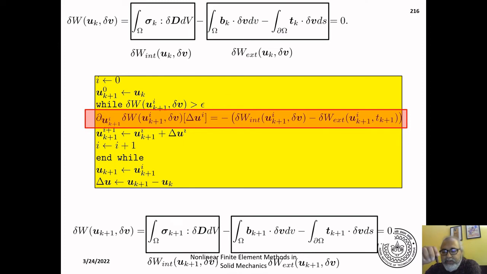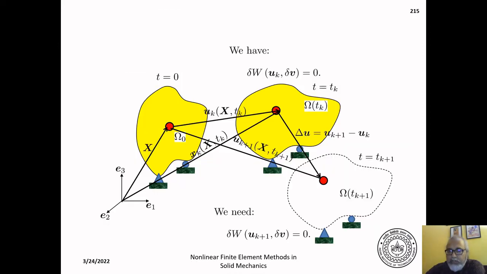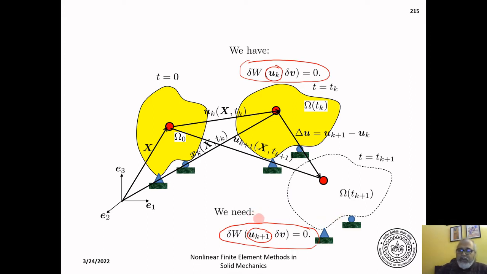So let us try and understand the process in a little more detail. Here the last converged step was this, which means that I have a global uk that satisfies this equation. Now I want to solve this equation by finding a uk plus 1 that sets del w equal to 0 for an arbitrary delta v in both cases.